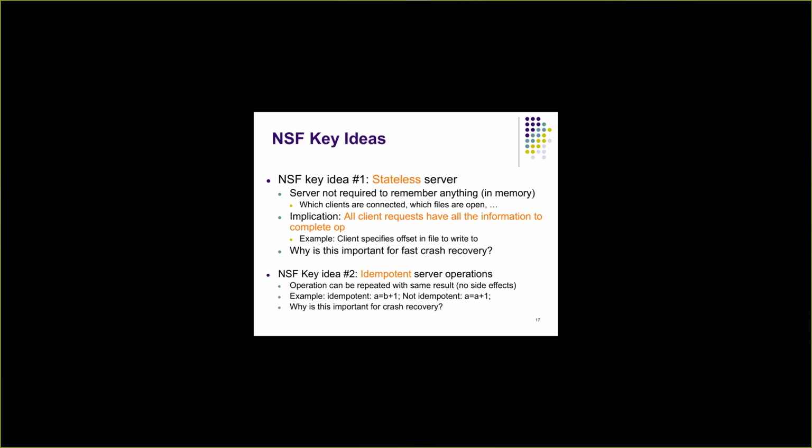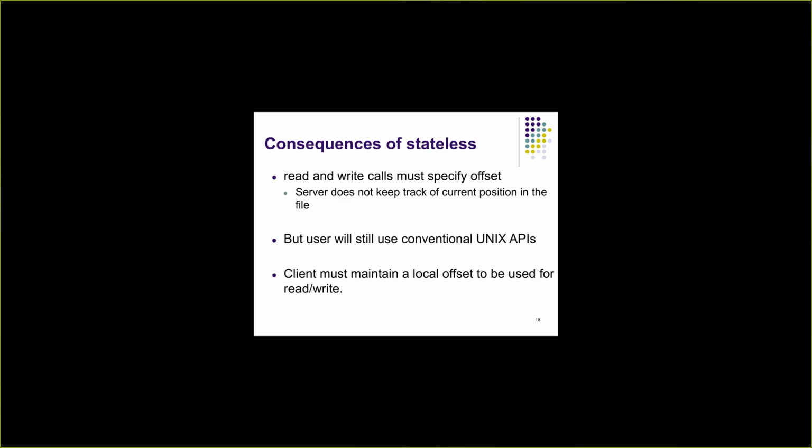And this idempotency is also important for crash recovery, because if a crash happens, the client can always redo the operation without worrying about consequences, because irrespective of the number of times we do the operation, the result is the same. So the consequences of statelessness: reads and writes, as we saw, always need to specify the offset because the server doesn't remember anything.